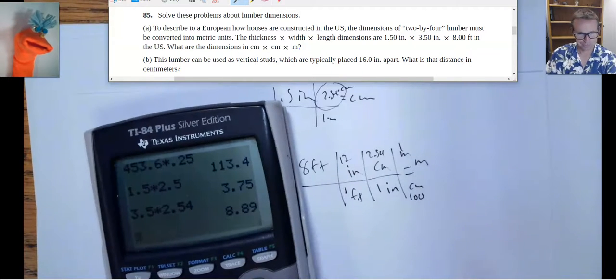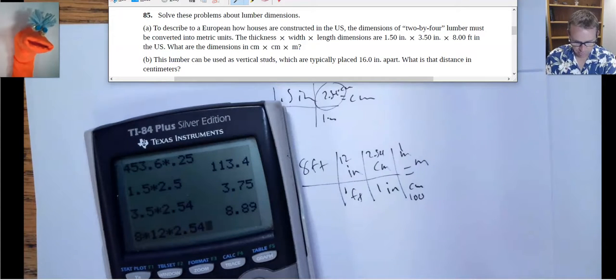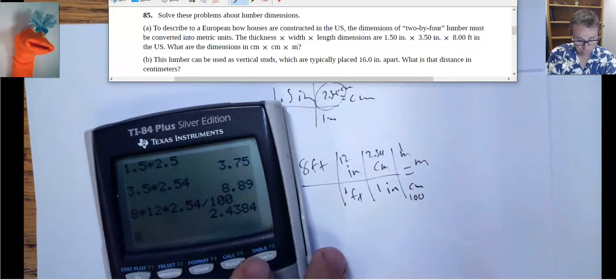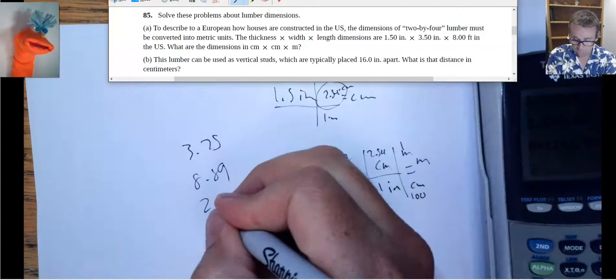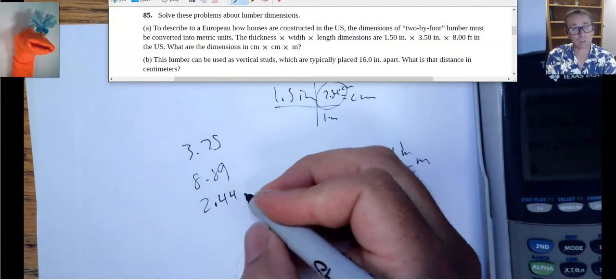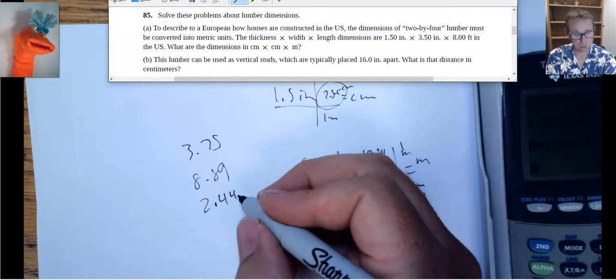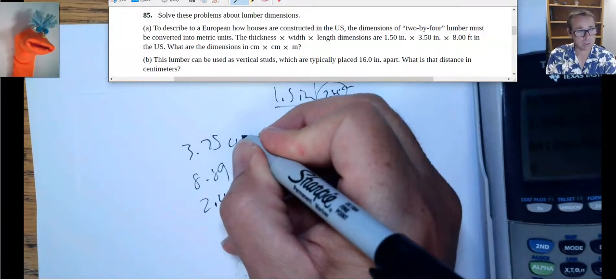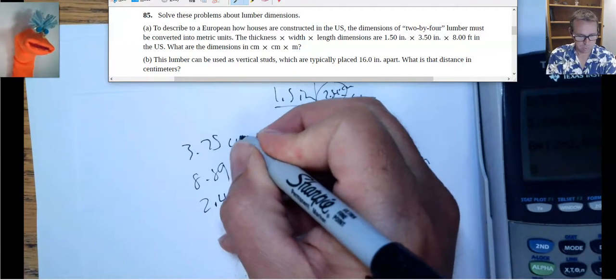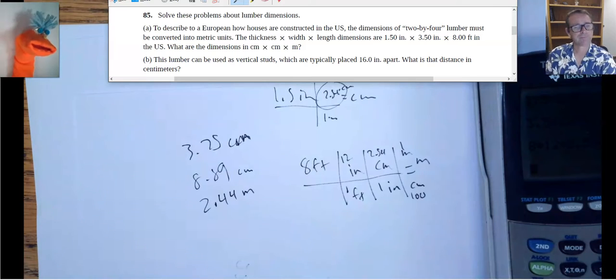So 8 times 12 times 2.54, that's in centimeters, divided by 100, that gives us to meters. So 2.44 meters. So this is centimeters, centimeters, meters.